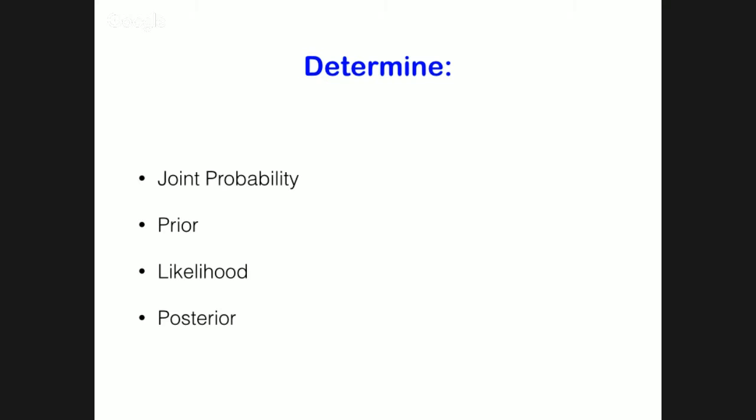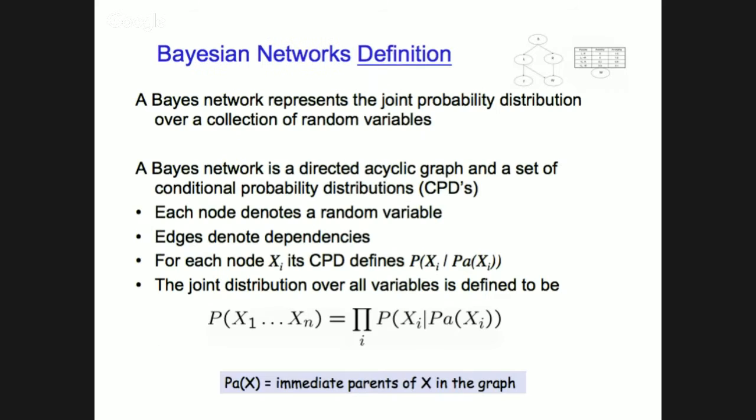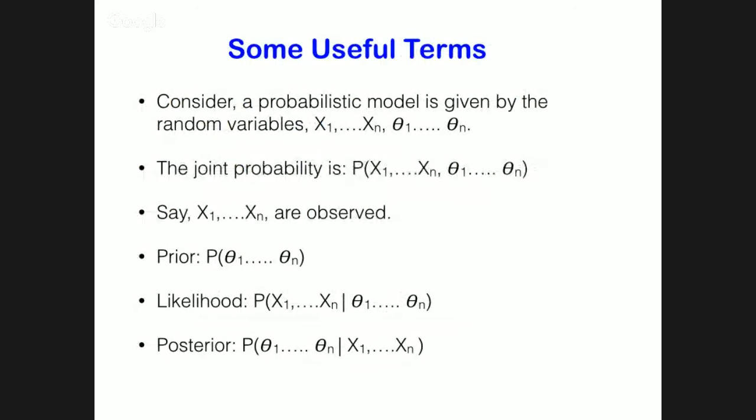Okay, what would be the prior? Remember, we just went through the slide. Prior is the probability over the unobserved variables. So the unobserved variables here are A, B, and D. So the prior would be probability of A, B, D. Okay.